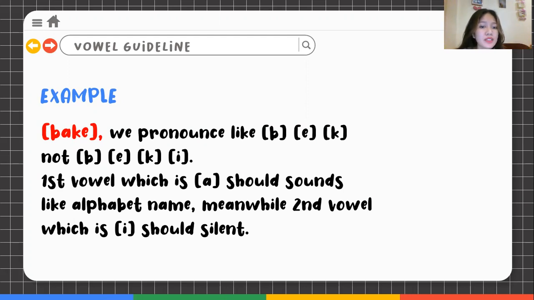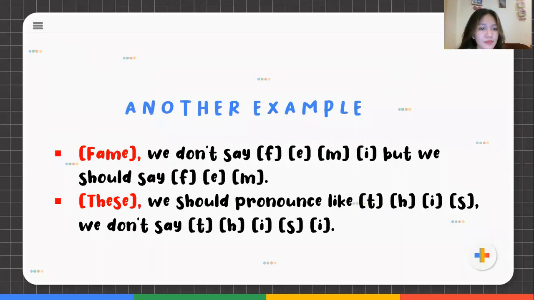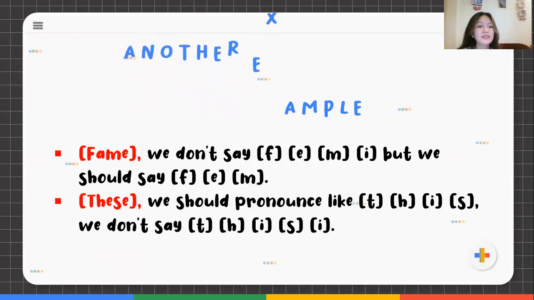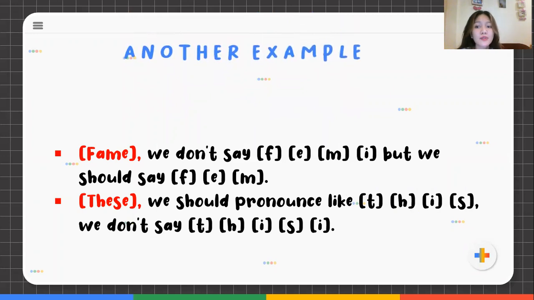The first vowel, which is A, should sound like its alphabet name. Meanwhile, the second vowel, which is E, should be silent. Another example is fame. We don't say fame-y, but we should say fame. And the last one is this. We should pronounce it like this. We don't say this.